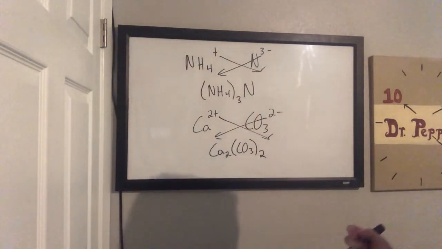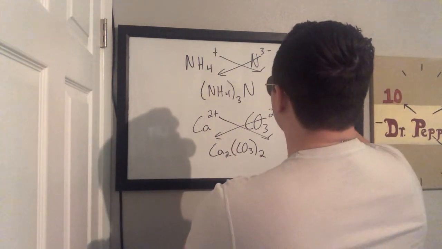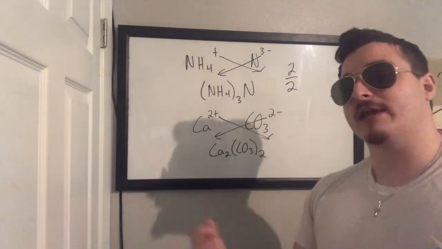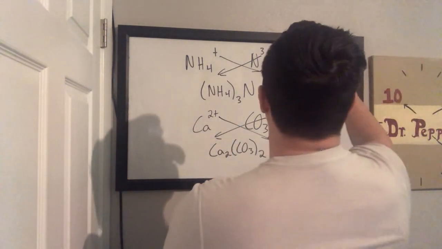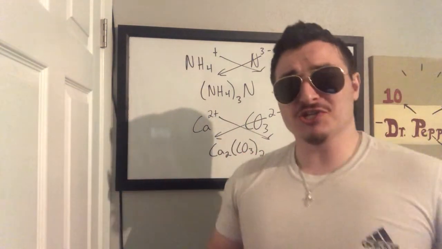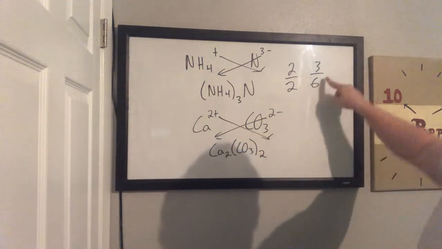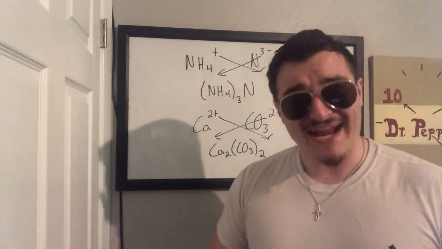But this is incorrect. This is just like in math if you left a fraction 2/2. Or let's say it's a different example. Let's say you left a fraction 3/6. I don't know how much education has changed since I was in high school, graduated in 2013, but all I know is if I didn't reduce a fraction, I got points off.